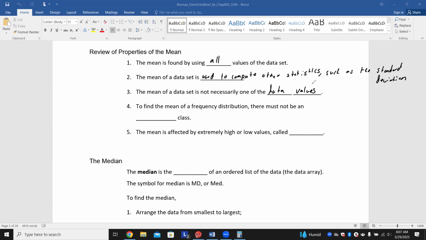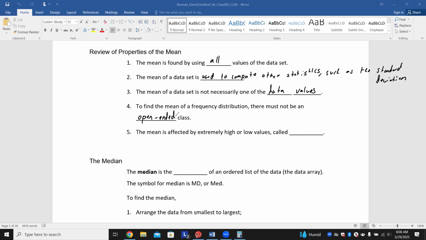Very rarely do you get the mean and it happen to be, like in that instance, someone's coach's salary. But really and truly, if you have a small sample, it could potentially be. There's not much there. All right, to find the mean of a frequency distribution, there must not be an open-ended class, meaning the boundaries need to be precise, 180 to 190.